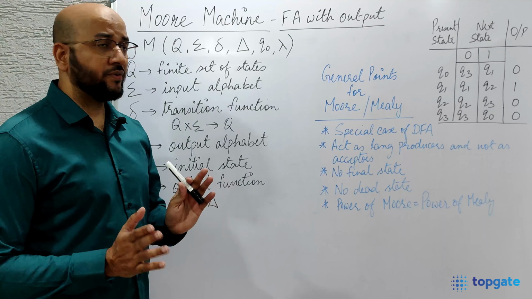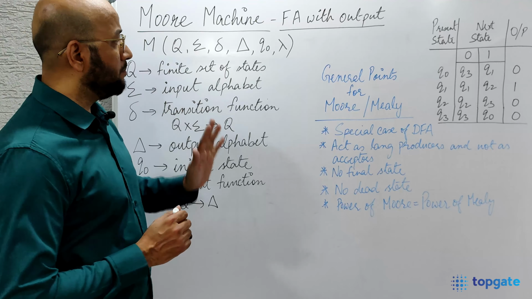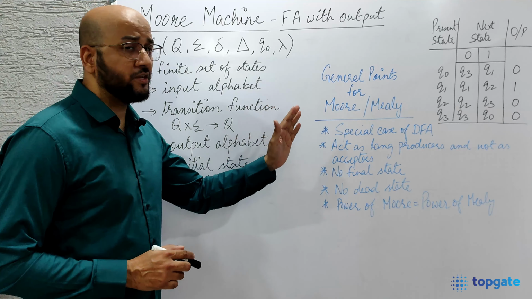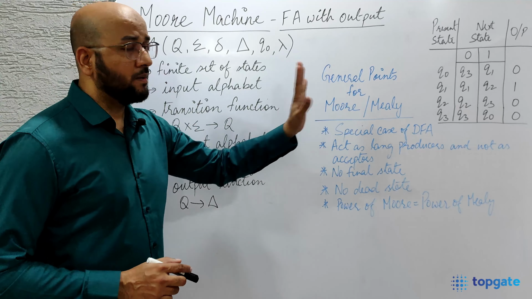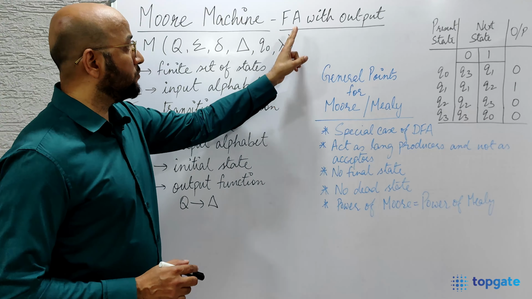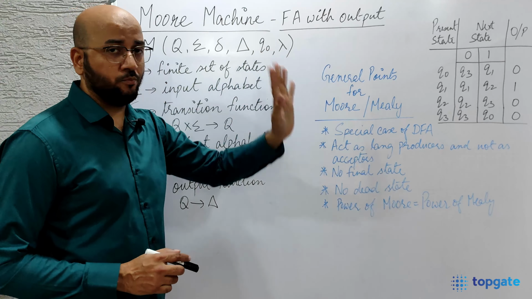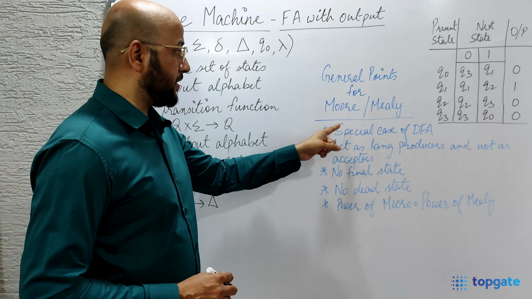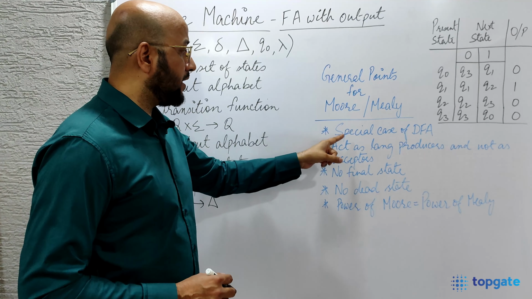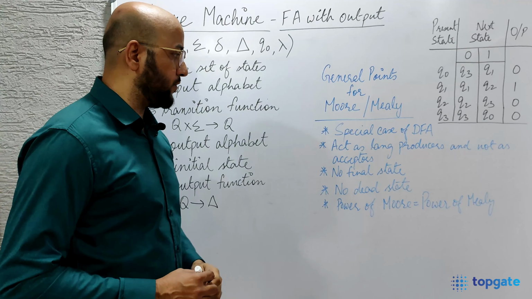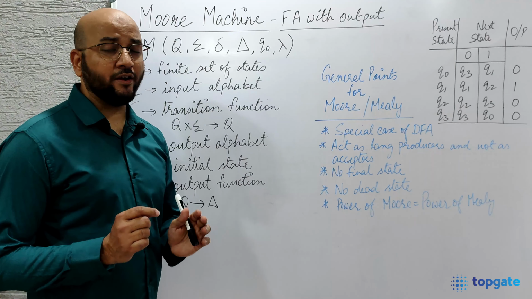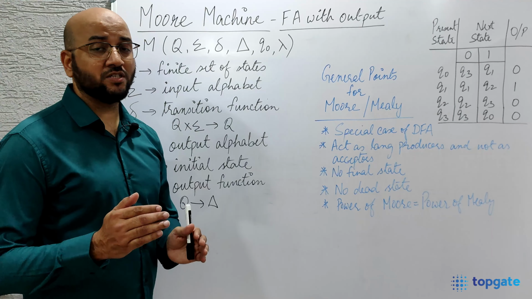This video is specifically for the Moore machine, but before telling you what a Moore machine is, I'll first tell you some general points about the Moore and the Mealy machine, that is the finite automata with output. The first point says that both of these machines, the Moore and the Mealy machine, are special cases of a DFA. Now we know what a DFA is. DFA is a deterministic finite automata. It is a complete system in itself.